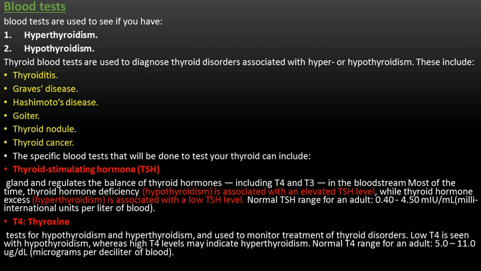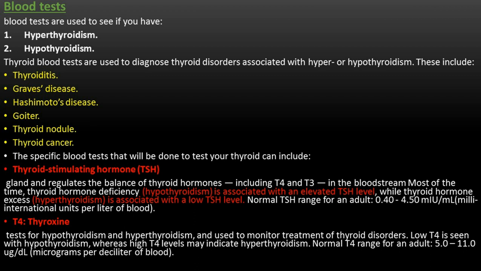The specific blood tests that will be done to test your thyroid can include thyroid stimulating hormone, TSH, which regulates the balance of thyroid hormones including T4 and T3 in the bloodstream.